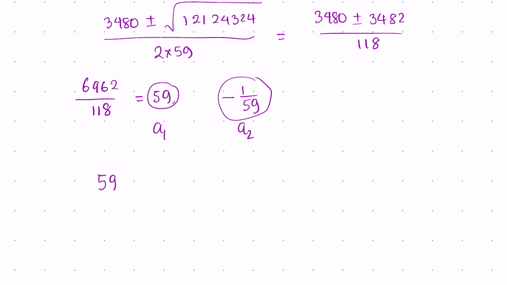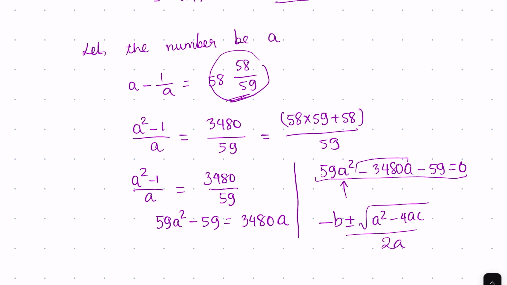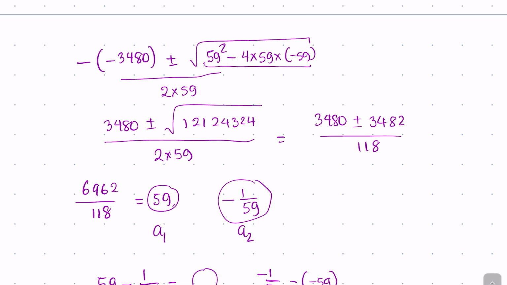So 59 minus 1 by 59 is equal to whatever was claimed. Similarly, minus 1 by 59 minus reciprocal of that, so that's minus 59, so that's again 59 minus 1 by 59, which also gives us whatever number this is.